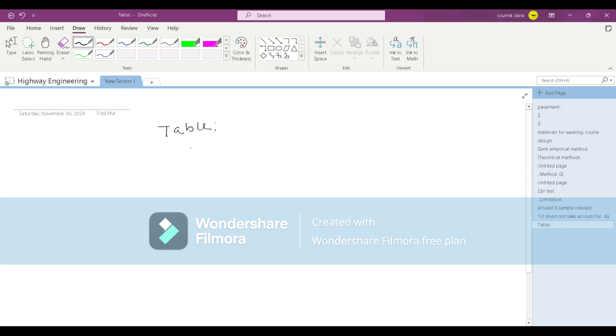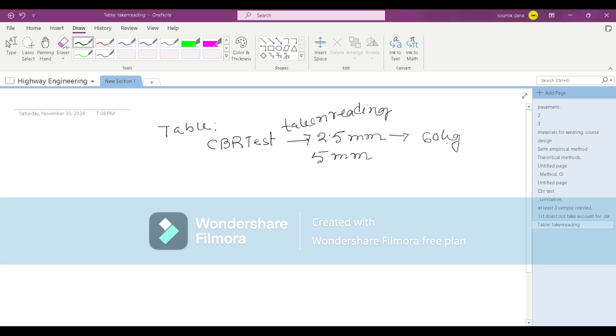We previously discussed that the CBR test readings are taken for 2.5 mm penetration and 5 mm penetration. Now in this example, 2.5 mm penetration happened at 60 kg and 5 mm penetration happened at 82 kg.